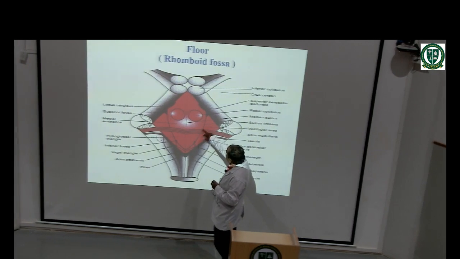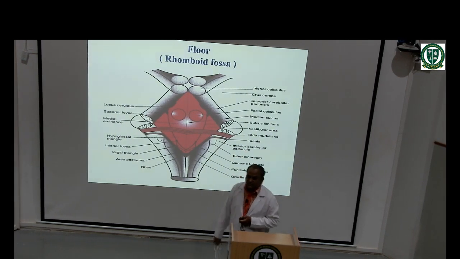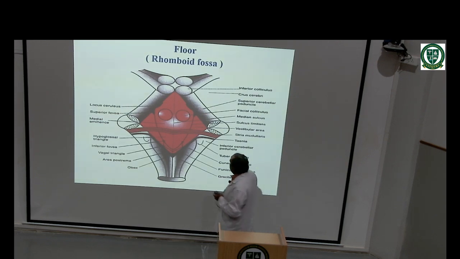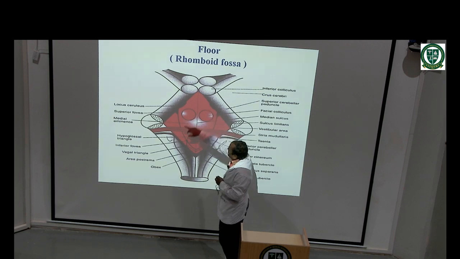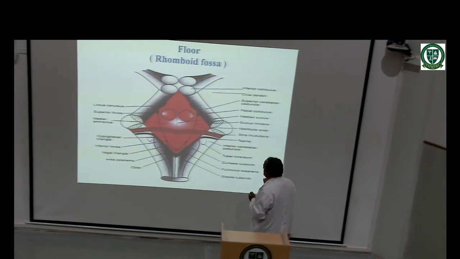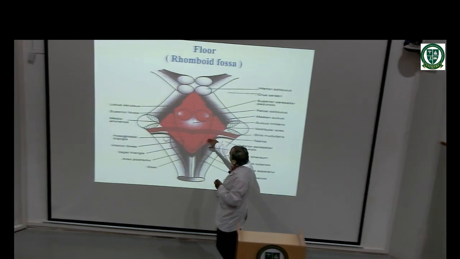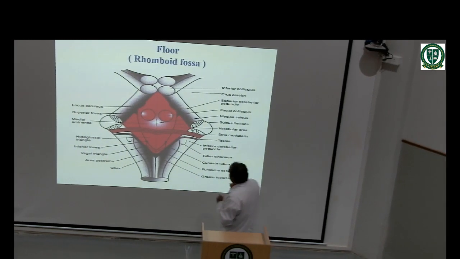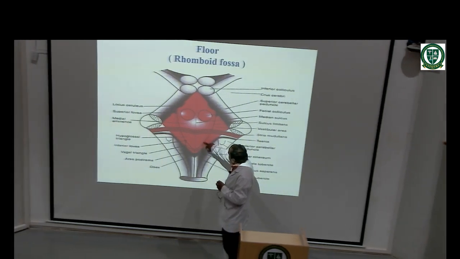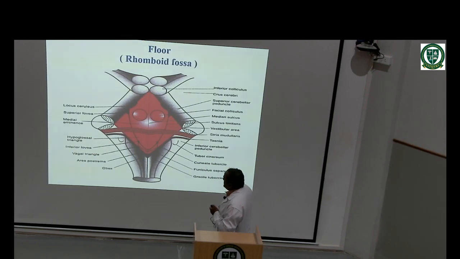Sulcus limitans at the upper end has a triangular depressed area called the superior fovea. The sulcus limitans will continue as the locus ceruleus at the inner part of the superior cerebellar peduncles. And in the lower part of the floor, the sulcus limitans has a circular depression called the inferior fovea.